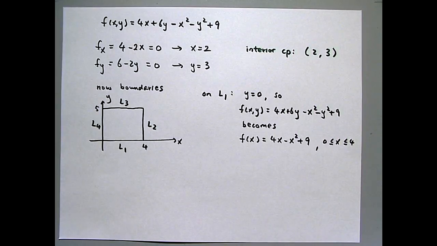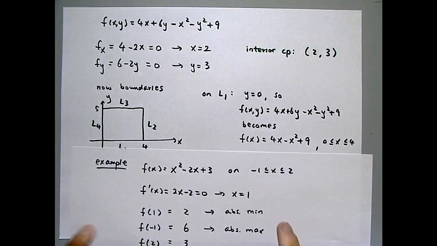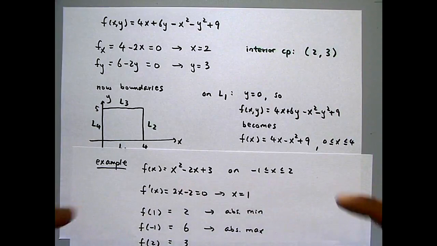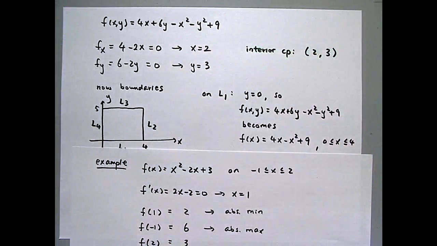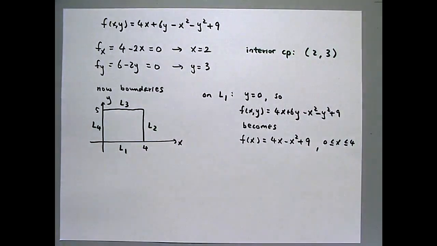And this problem is identical to the simple problem we did earlier. Exactly the same thing. Same kind of function, same boundary. We do that again on this boundary, then on L2, L3, L4. You see the big picture here? We're doing this problem 4 times on the boundaries, and then we worry about the interior points.